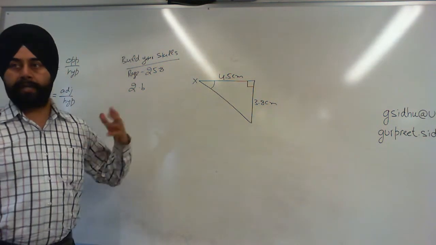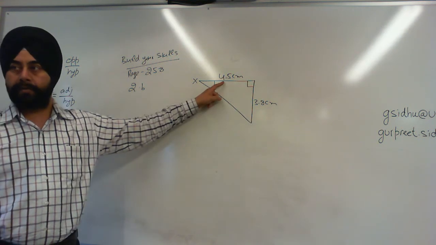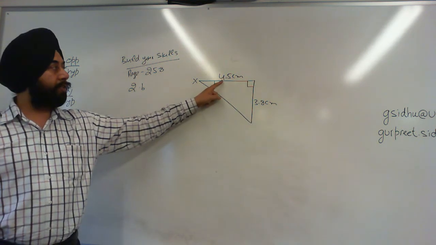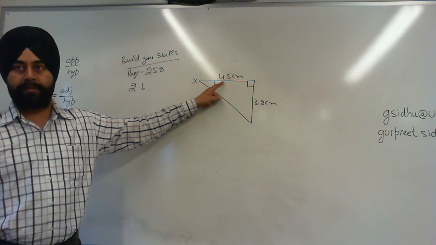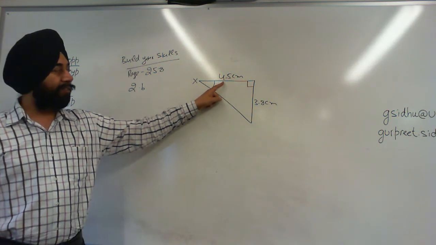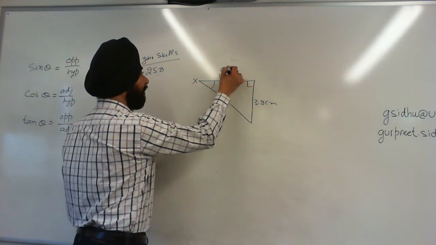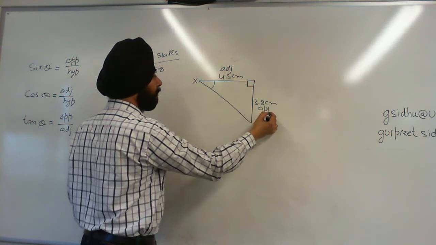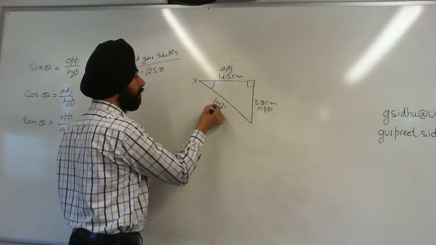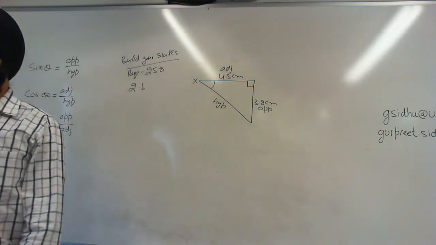Okay, what side is the hypotenuse? Is this the hypotenuse? No. That's adjacent. Good. And what is that? Opposite. This is hypotenuse, the longest side, the side that is in front of the 90-degree angle.